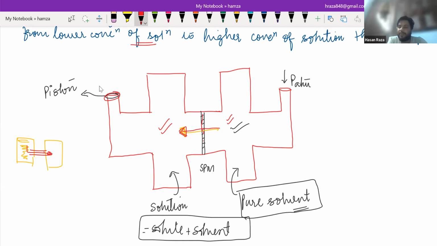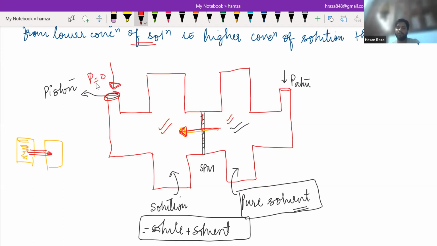Now, if this is the piston, I am going to apply some pressure here so that the movement should stop. What is osmotic pressure? The extra pressure required to apply on the piston over the solution side to stop this movement is called osmotic pressure.